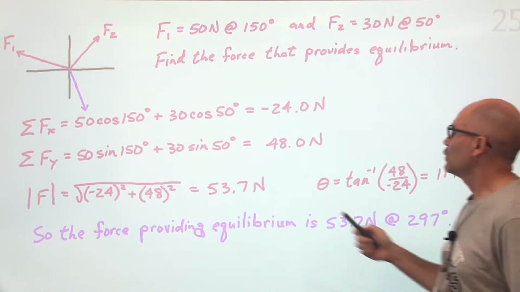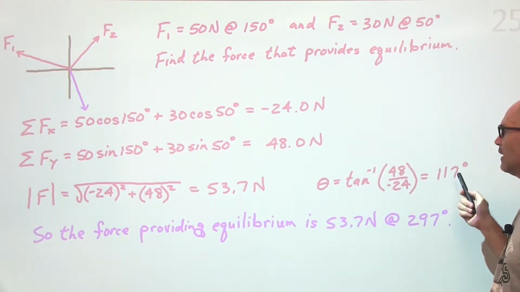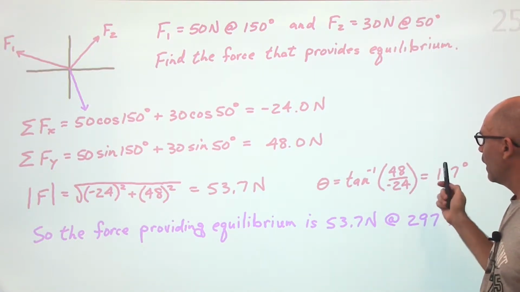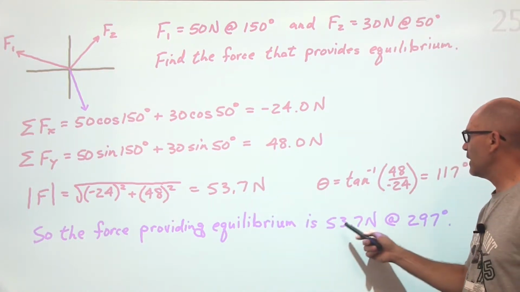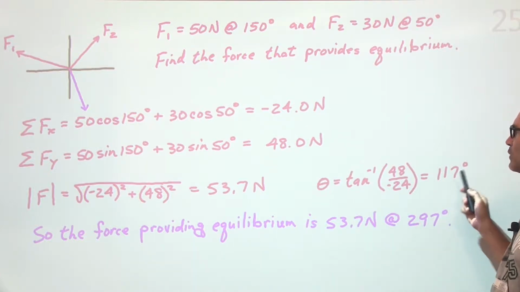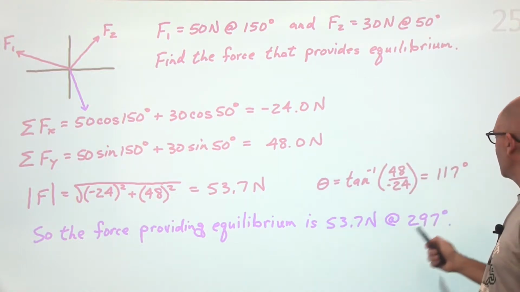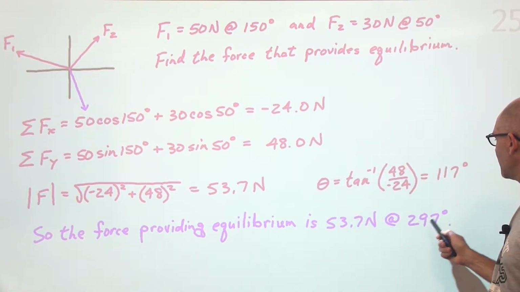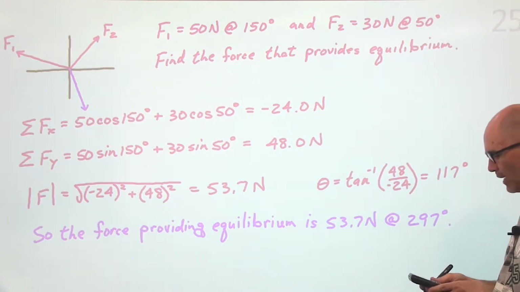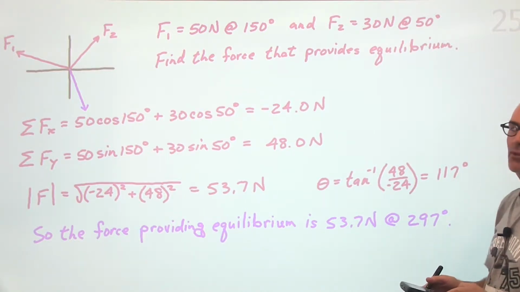So we have a total force of 53.7 newtons at 117 degrees. So if we want equilibrium, we need the 53.7 Newton force in the opposite direction. So what's the opposite direction from 117 degrees? Is add 180 to that, and it's 297 degrees, which is basically the original angle that you first got, which was the negative 63 degrees.